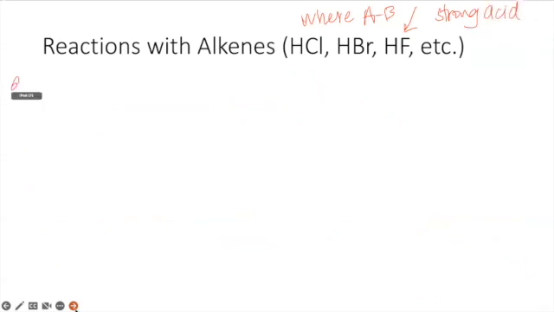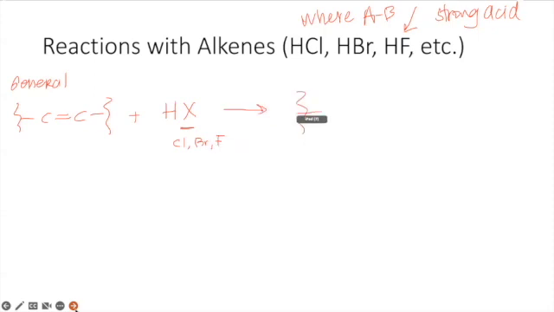So looking at this reaction in general, we have a double bond plus HX, where X equals, you know, the Cl, the Br, that yields. We add hydrogen to one atom, reduce that double bond, and add whatever else the other atom is to the other carbon.